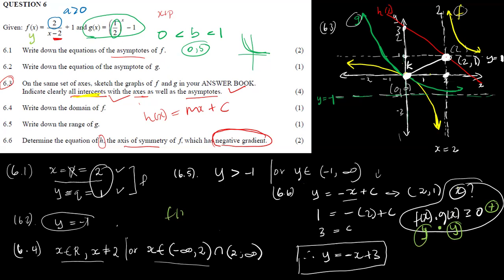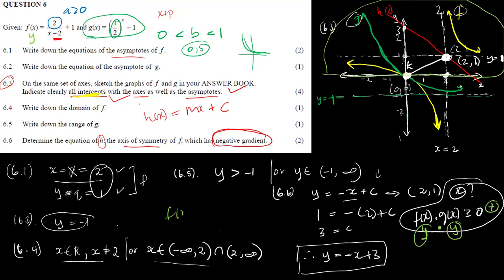So you go to your graph and look for the y values where f and g both have positive y values. Above this line, at this part, let's focus on that side for now. The values of y are positive for g as well as for f. Above the x-axis, we have positive y values.